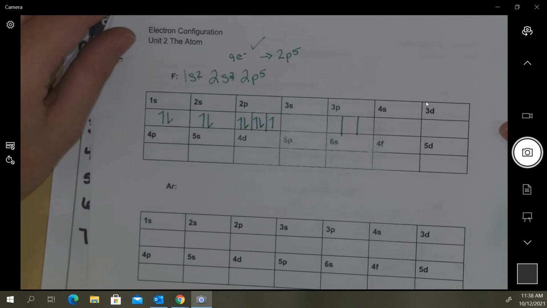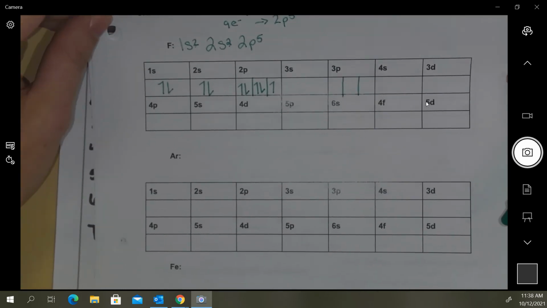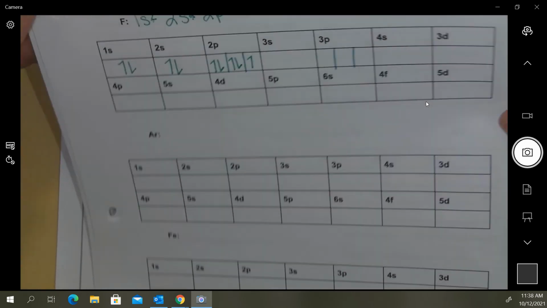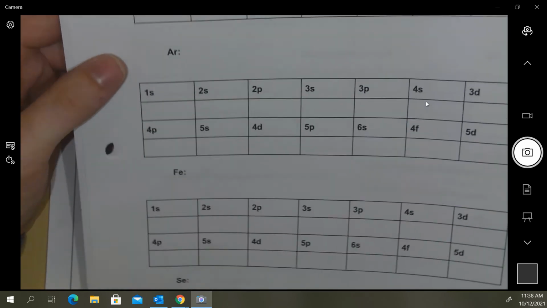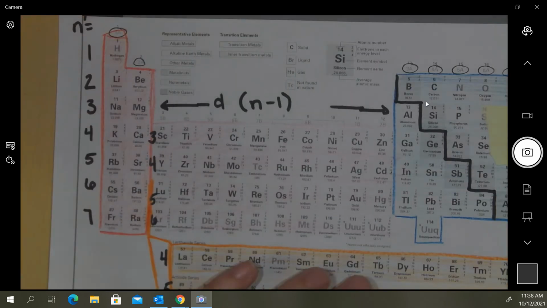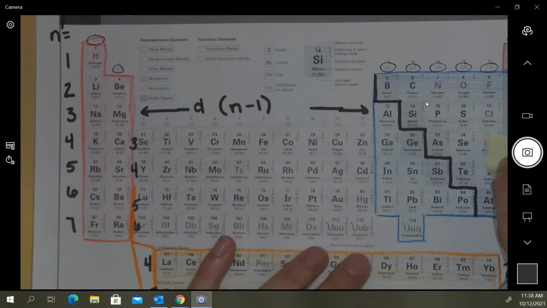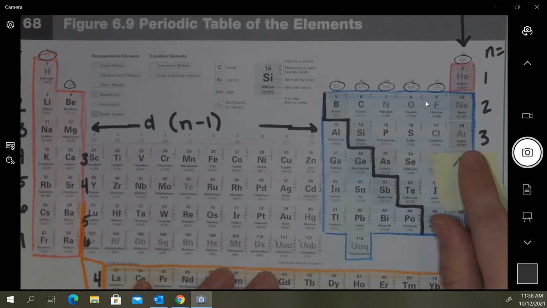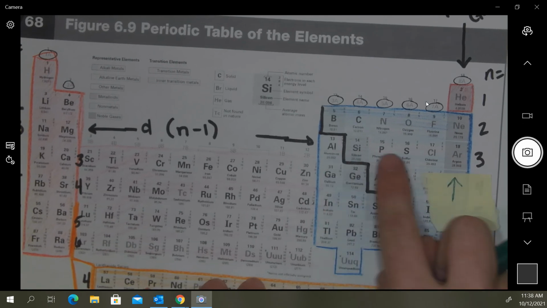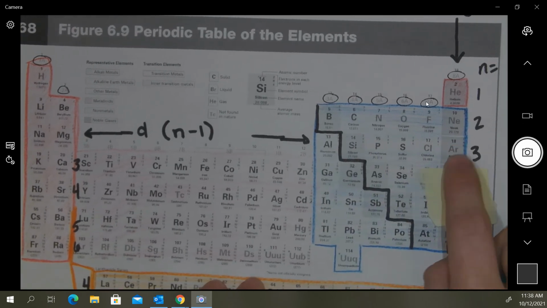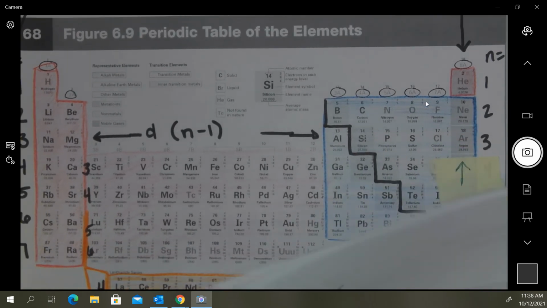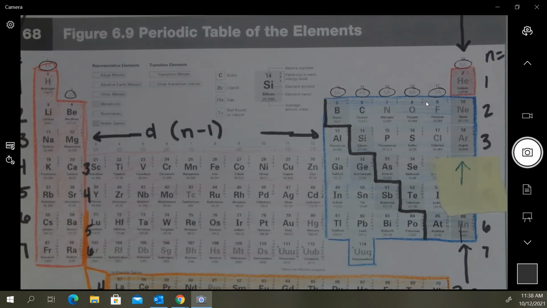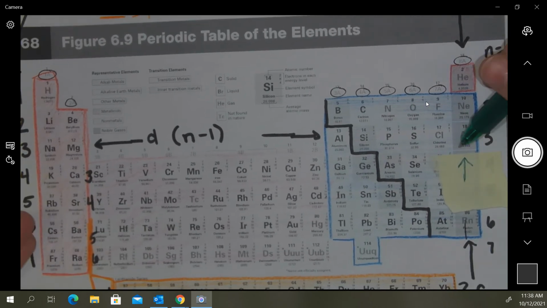We're going to do one more example for today, and then we'll do more examples tomorrow in class, okay? Argon, Ar. So we're going to find argon, Ar. Argon is over here, and its end spot is 3p6. I want you to go ahead, pause the video, and see if you can figure out the total configuration for argon.